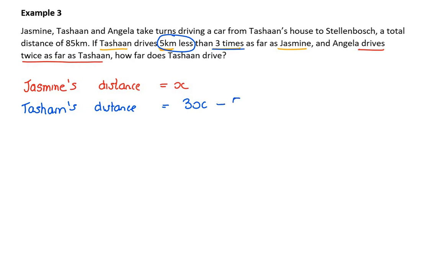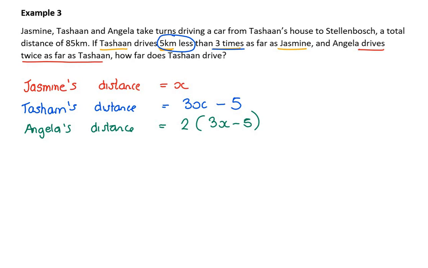So 5 kilometers less than. And finally, Angela drives twice as far as Tashawn. So Angela's distance is twice as far as Tashawn. So that's fairly easy. That's 2. And don't forget this bracket, because that whole of 3x minus 5 is Tashawn.